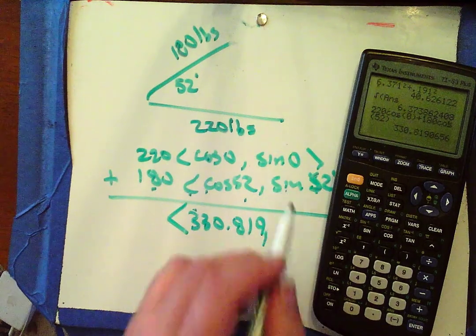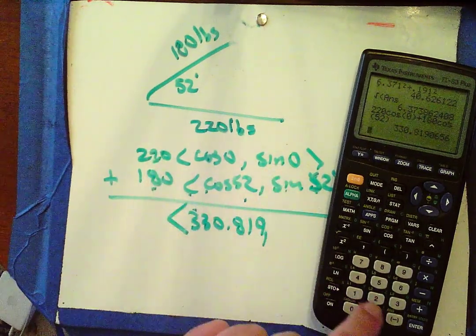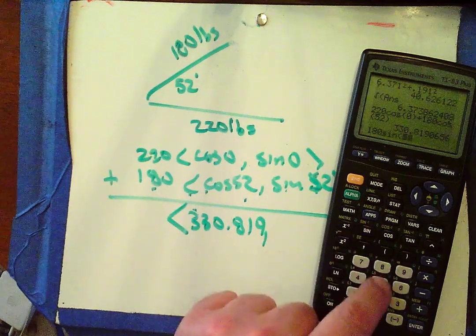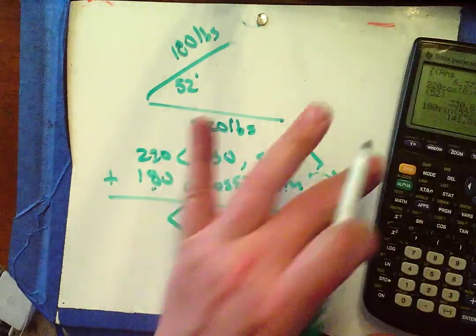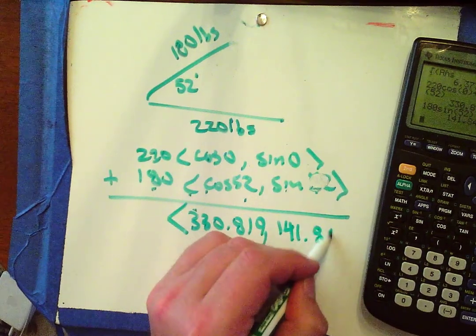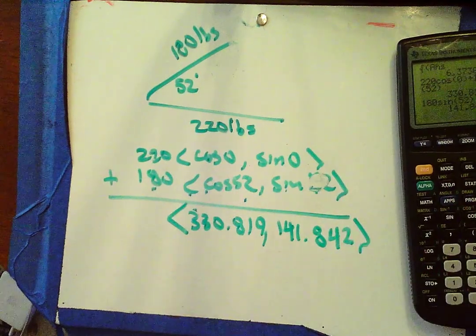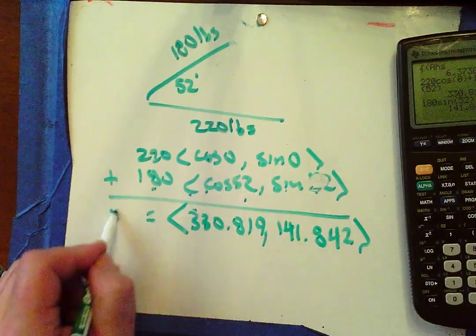And then here, 220 times 0 is 0 plus 180 sine 52. I get 141.842. Okay, so there's my component form of the resultant vector.